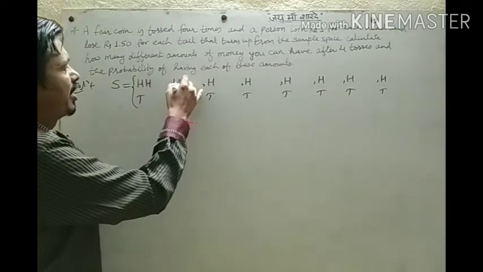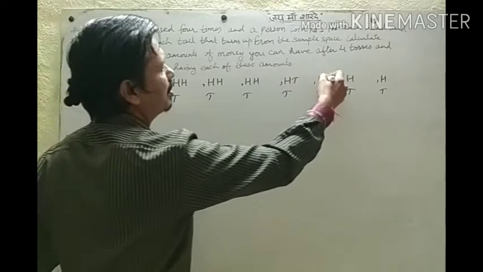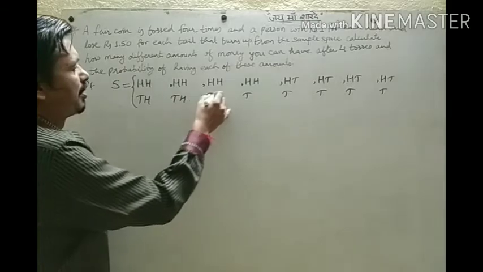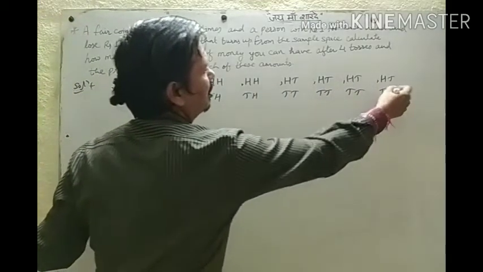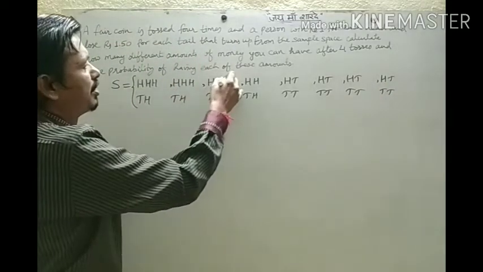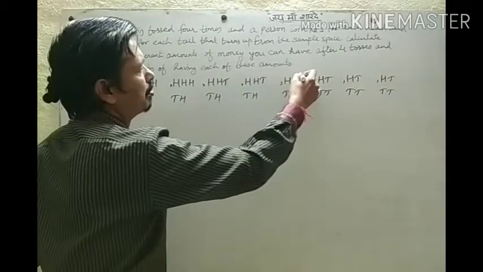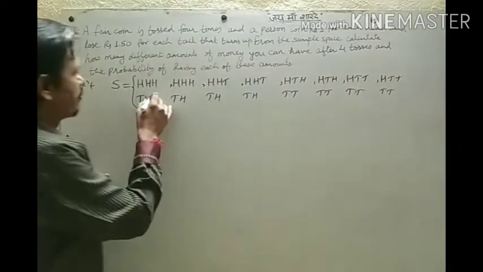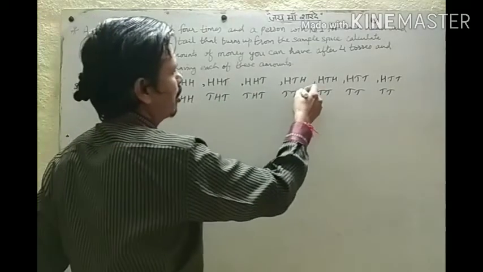So 4 times you can write head and 4 times tail. Then 4 times head and 4 times tail. Then its half, 2: 2 times head, 2 times tail. Okay, this is the process. In this manner you can write all our sample points.